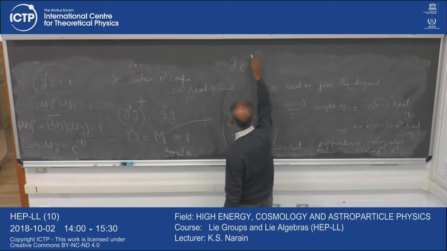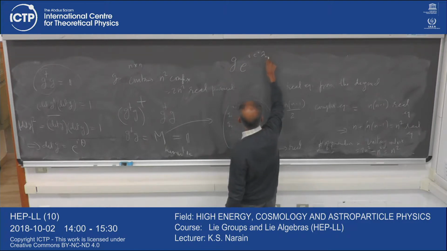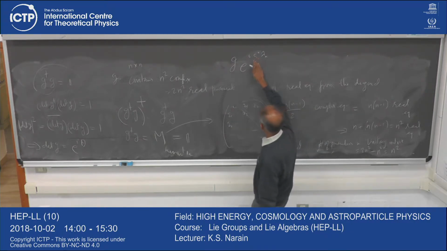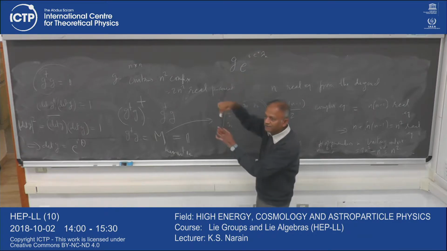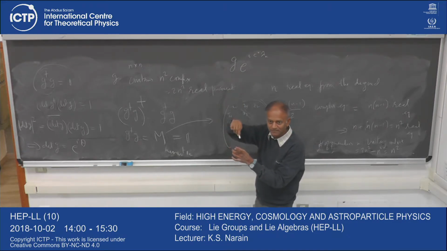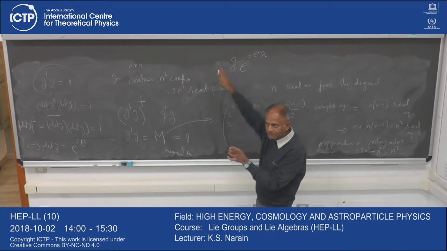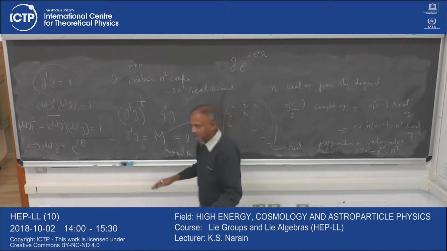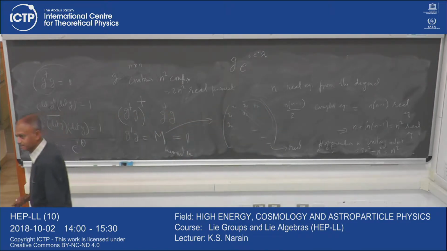Now I can multiply to this i epsilon a lambda a, where lambda a are the Lie algebra generators. For small epsilon, it will define a neighborhood of that particular point. So this way you can define a smooth continuous space.